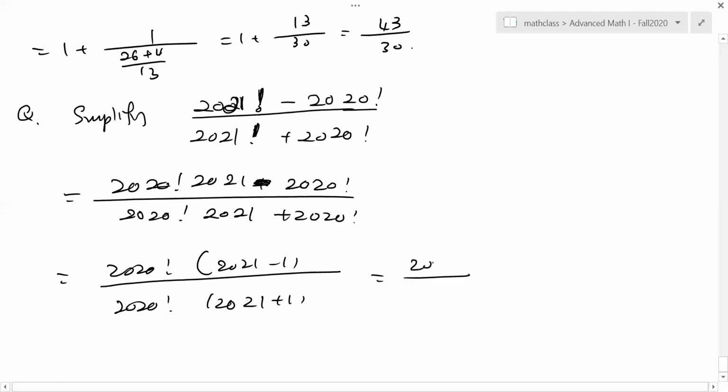So the answer will be 2020 over 2022. Okay, so this is the number. And you can simplify a little bit. Divide by 2, divide by 2, then you will get the result.